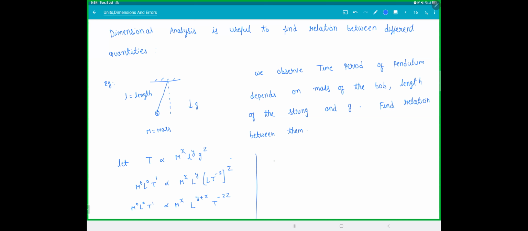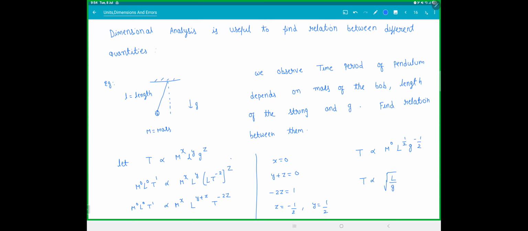So compare this, you will get x is equal to 0, y plus z is 0, minus 2z is equal to 1. So z is minus half and y is equal to half. That means t is proportional to M power 0, L power half, and g power minus half. So t is proportional to root over L by g.